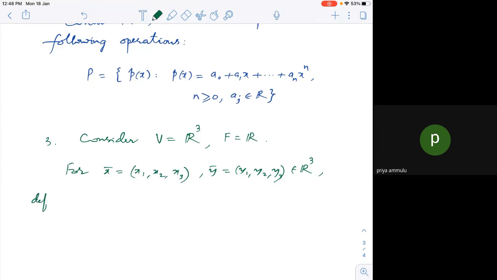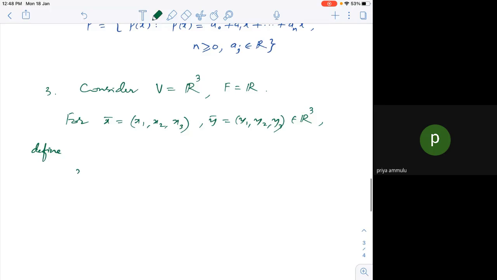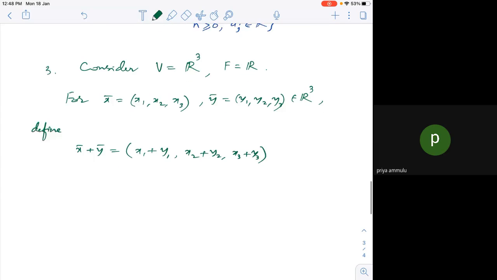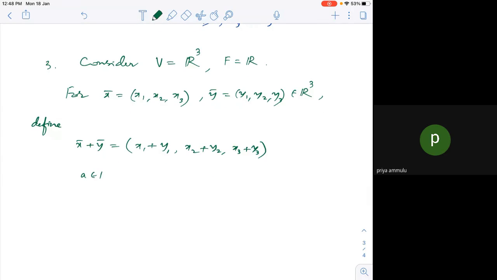We shall define x bar plus y bar to be coordinate-wise addition: (x1 plus y1, x2 plus y2, x3 plus y3). With this addition, and a belonging to R, x bar belonging to this R cube, we shall define a x bar as (a x1, a x2, a x3).